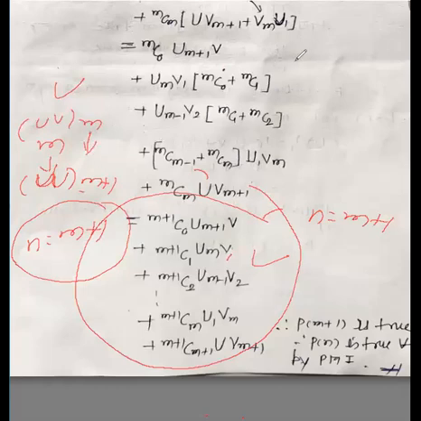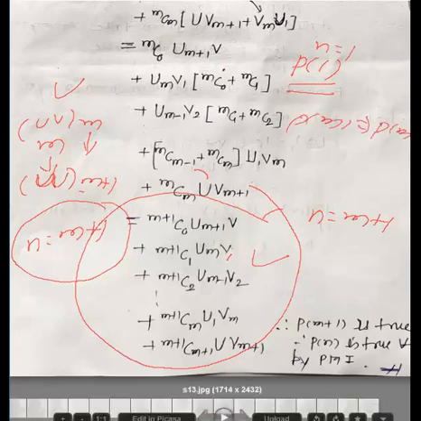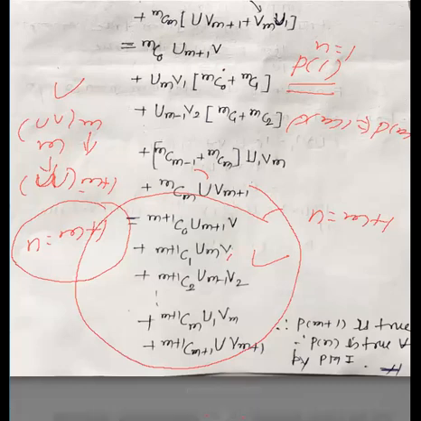So the principle of mathematical induction says that first the statement is true for n equal to 1, and P of m implies P of m plus 1. This is what we have done in the second step. We have assumed the mth derivative, differentiated it, and obtained the m plus 1th derivative.